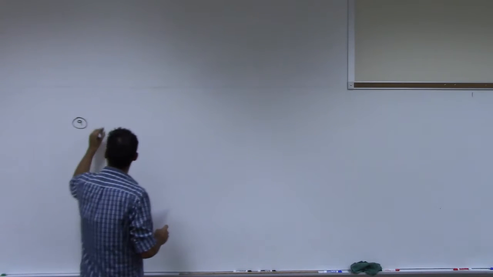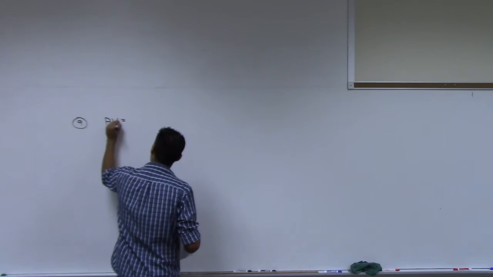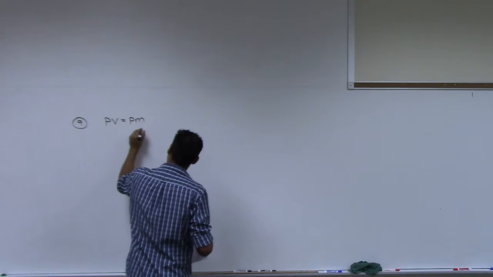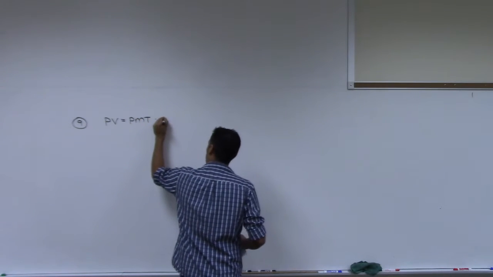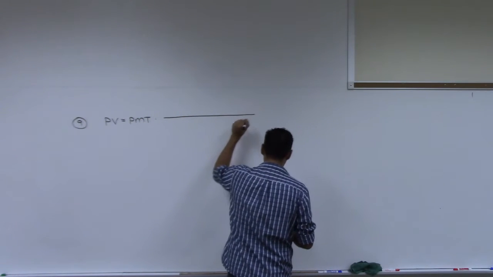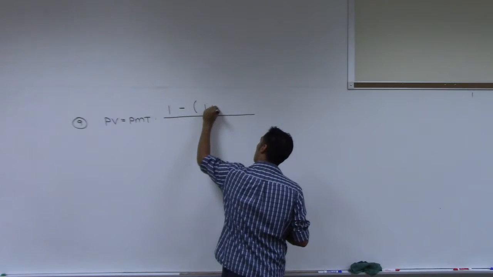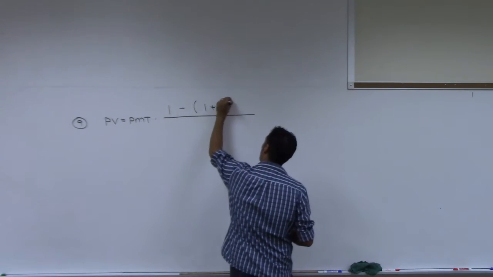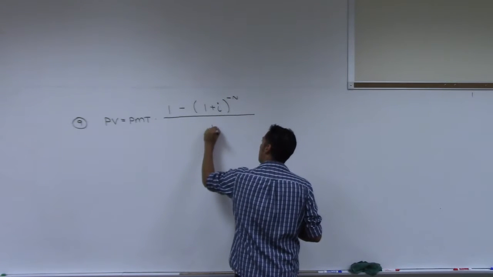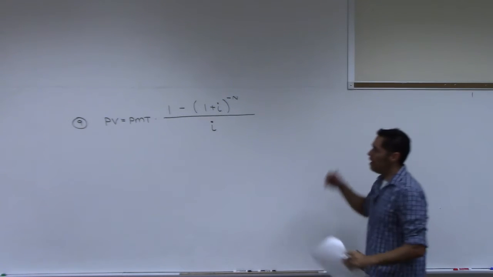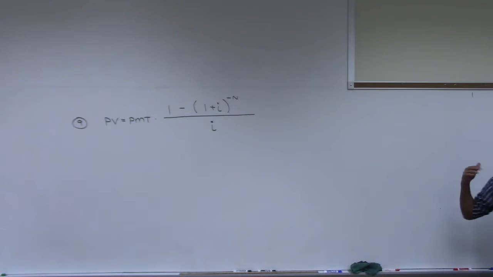Okay, so we're going to be using present value formula, which is payment, and then the formula gets kind of funky. It is 1 minus, and then you have 1 plus I raised to the negative n, over I. But as far as how you get I, how you get n, everything is the same.